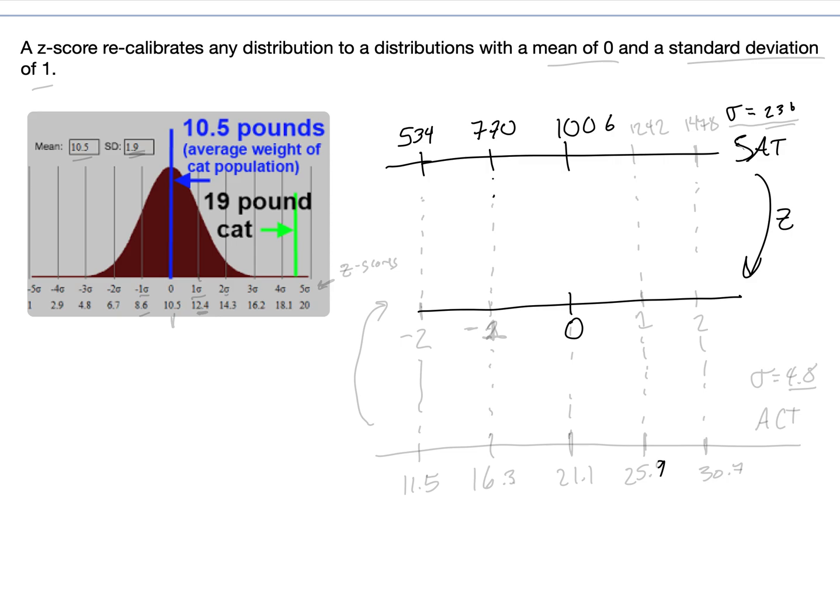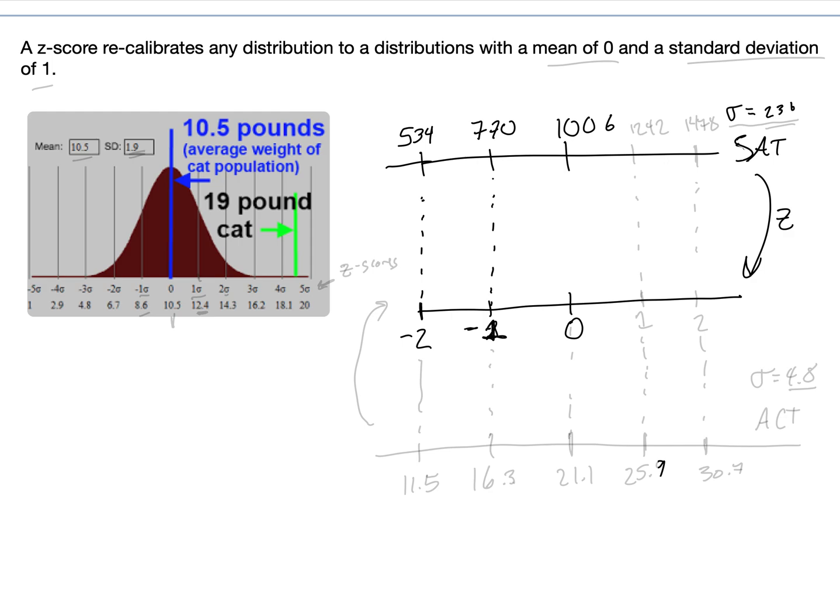So this 770 is one standard deviation below the mean, and because it's below the mean, that would be a z-score of -1. 534 is 2 standard deviations below the mean, so that would be a z-score of -2.